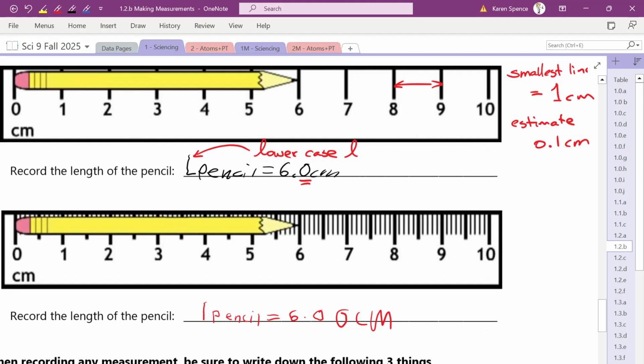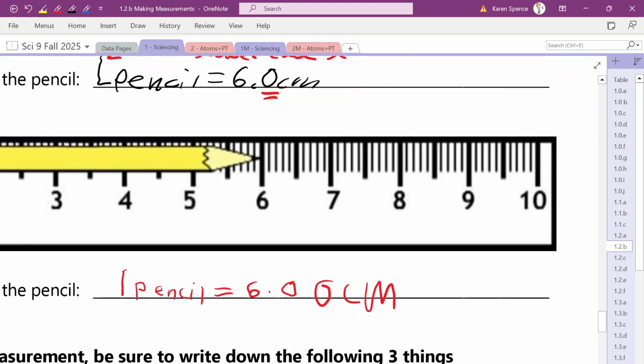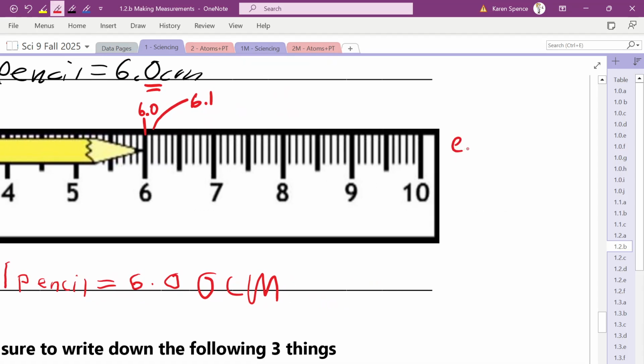All right, so we got length of pencil equals 6.00 centimeters. What do we think of that? 2 thumbs up, because each little teeny tiny line, this would be 6.0, this would be 6.1. So each little line is 0.1.